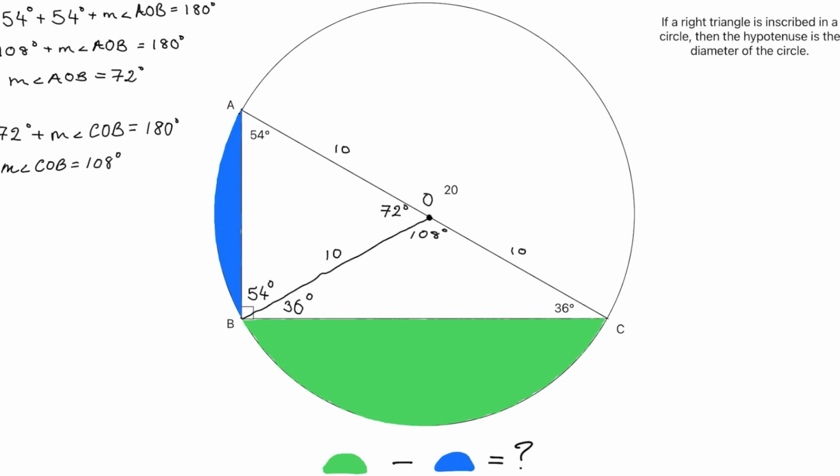Now let's try to find the areas of the shaded regions. How will we do that? Well, it'll be as follows.